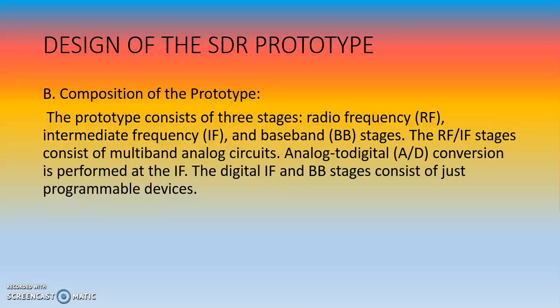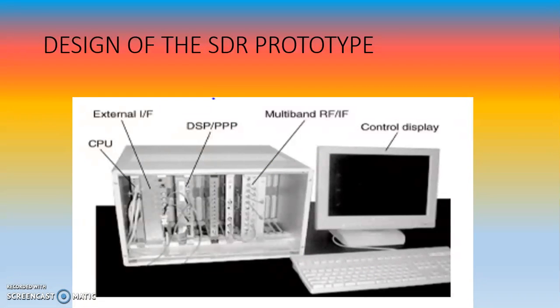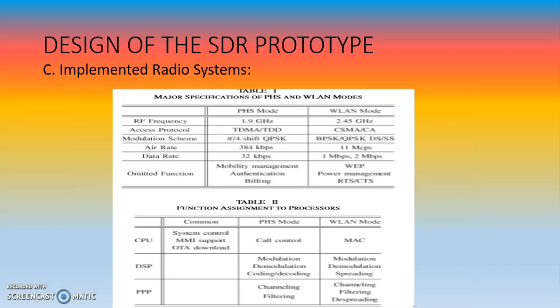The digital IF and BB stages consist of just programmable devices. This is the normal diagram of how the CPU, external IF, DSP and PPP are interlinked with each other, and this is the control display. And the last one is the implemented radio system.